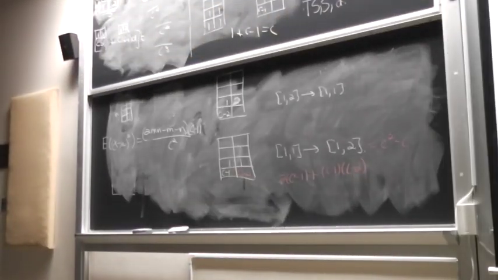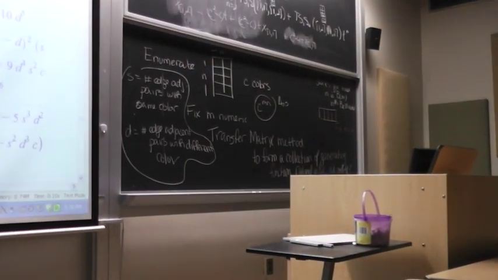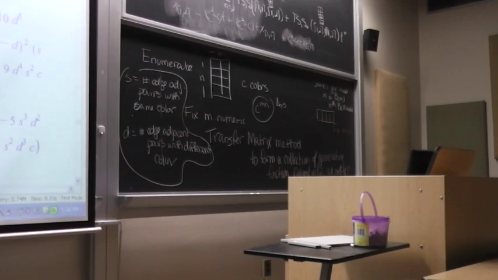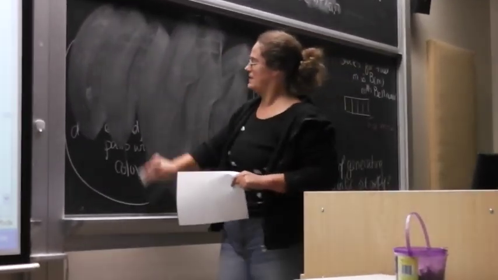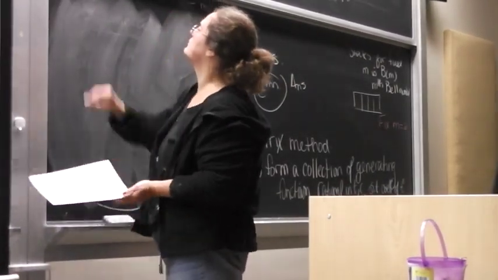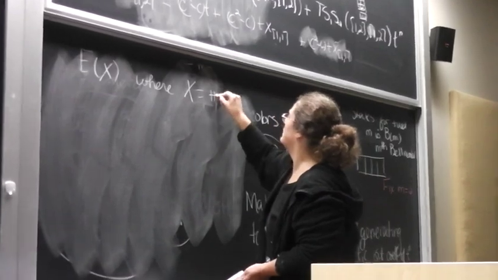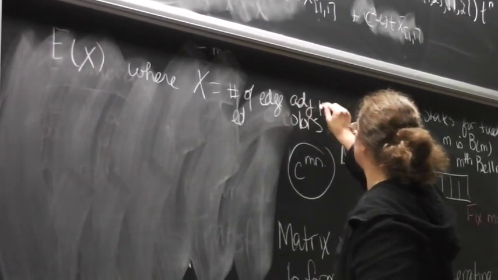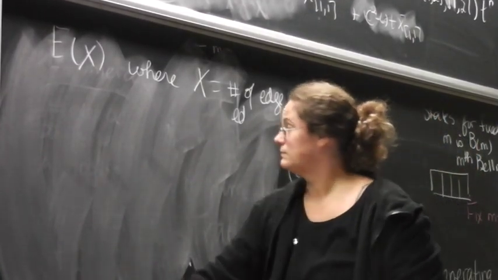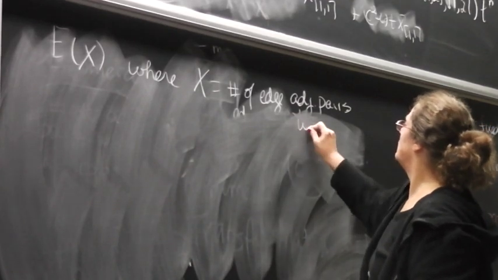Okay, so I'm going to let X be the random variable, and I'm going to work with trying to compute E of X, where X is the number of edge adjacent pairs of the same color.